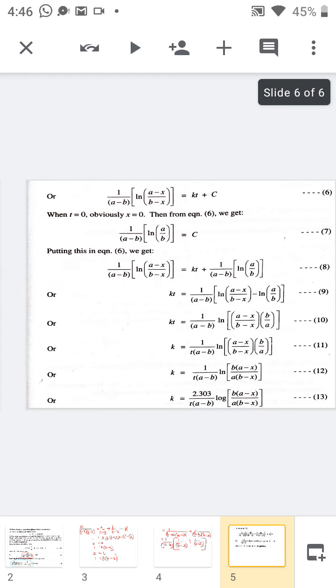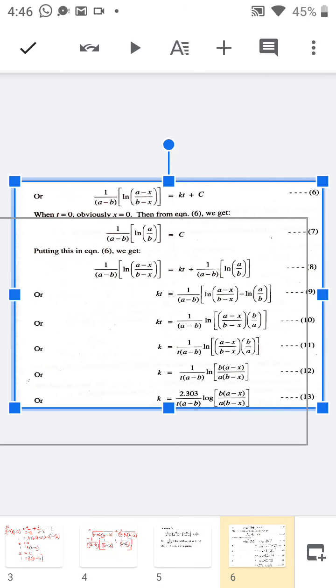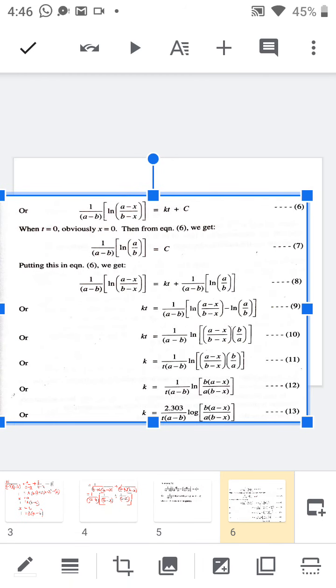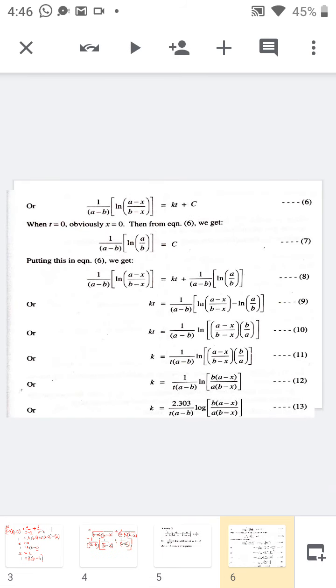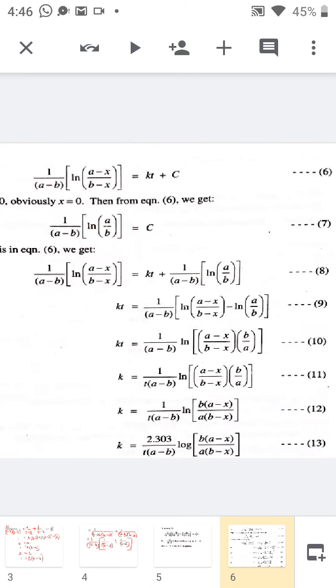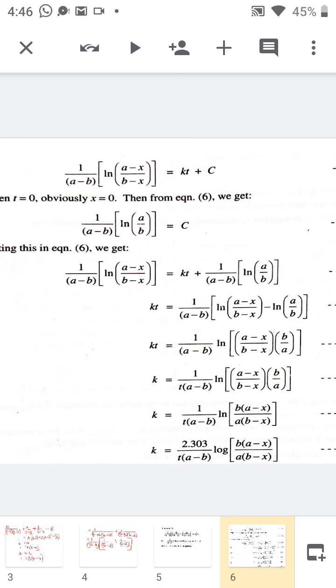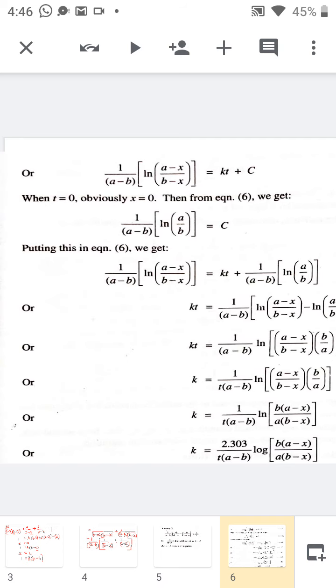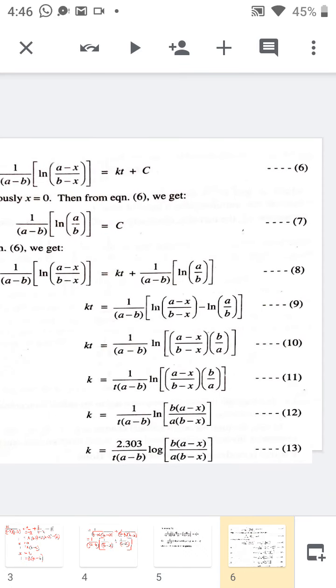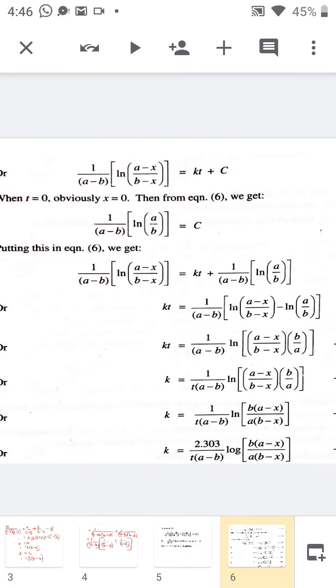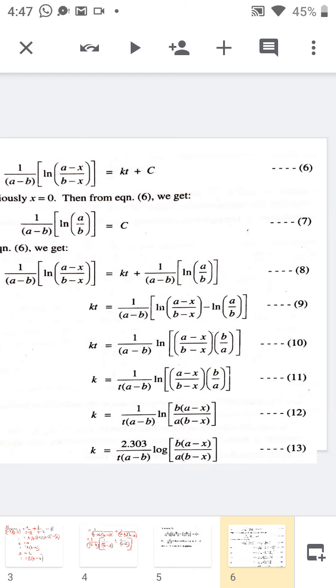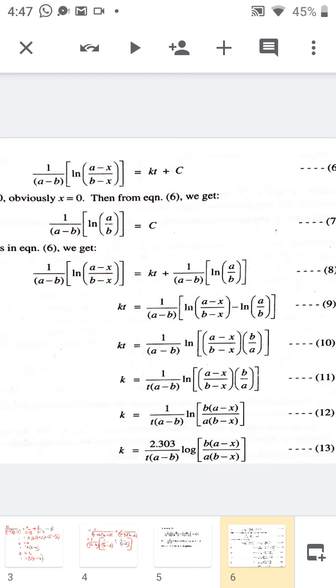So we have to find out the integration constant c. For that, first of all, we substitute t equal to 0, then x equal to 0. So our equation becomes 1 by (a minus b) into ln (a by b). That is our value of c. So substitute the value of c in equation 8.